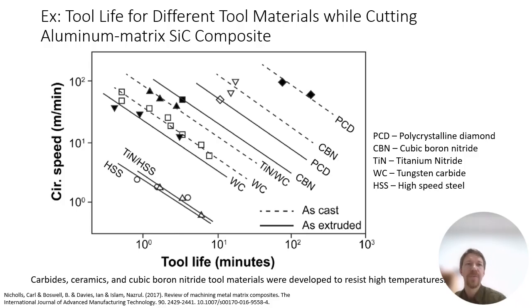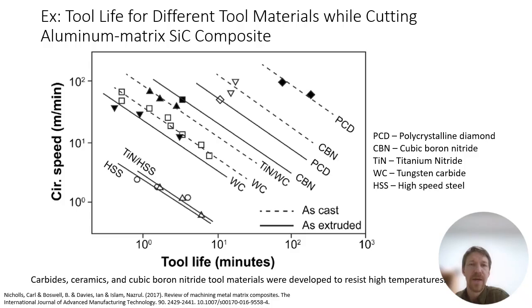So here's an example. This is a plot where now we have the tool life on the horizontal axis and the cutting speed on the vertical axis, and we have a lot of different materials that are used to cut both as cast and as extruded aluminum matrix silicon carbide composite. The material we're cutting doesn't matter. You don't have to know what that material is.